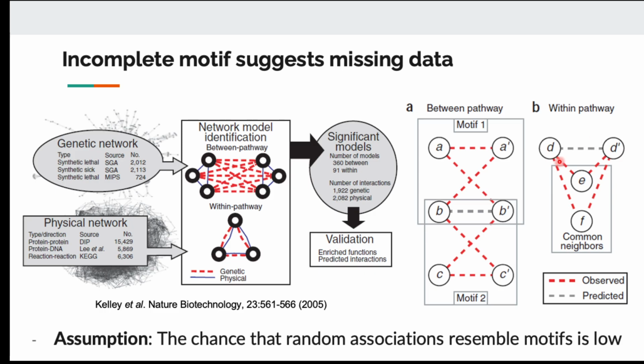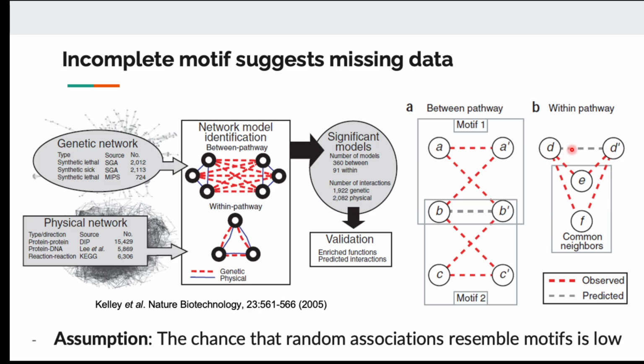Because we know that we don't have complete information about the interaction between every pair of genes. There are too many to test. So if we have an almost perfect pattern, but we lack some of the edges, maybe these are correct, but we haven't known it yet. So this might be a candidate for experiment.